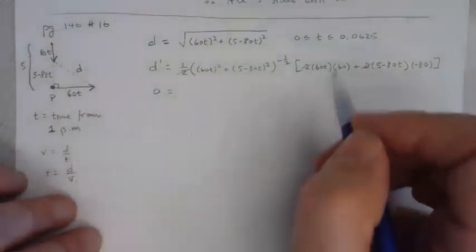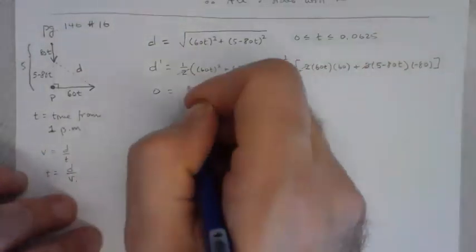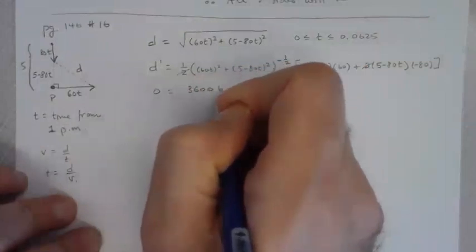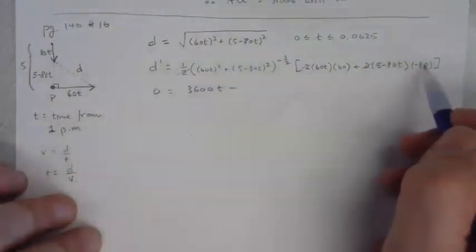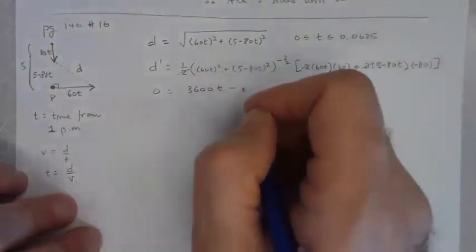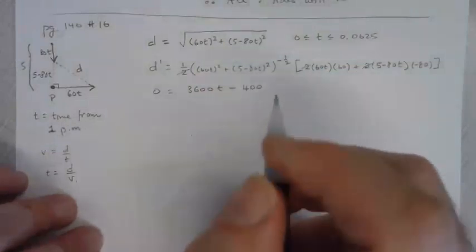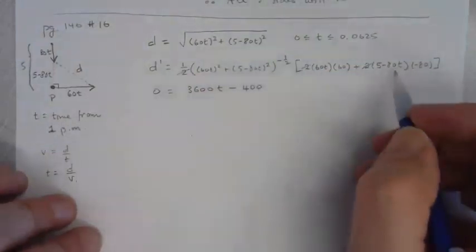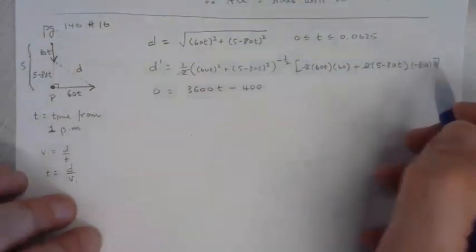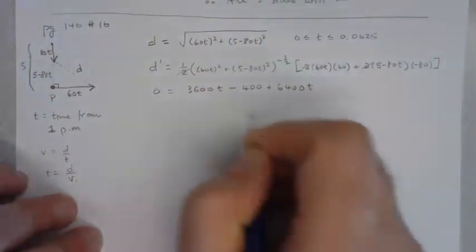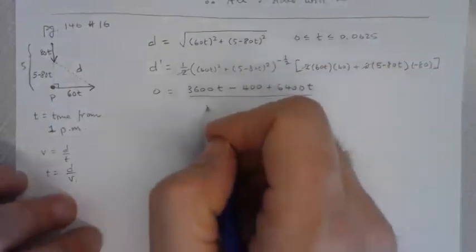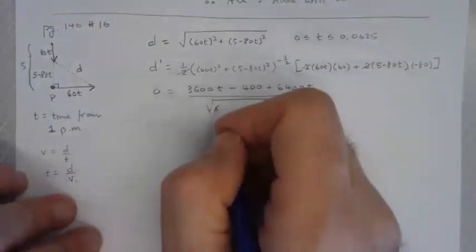So 60 times 60 is 3600t minus 5 times 80. 5 times 8 is 40, so minus 400. And then 80 times 80 is 6400, so plus 6400t, all over this big square root.